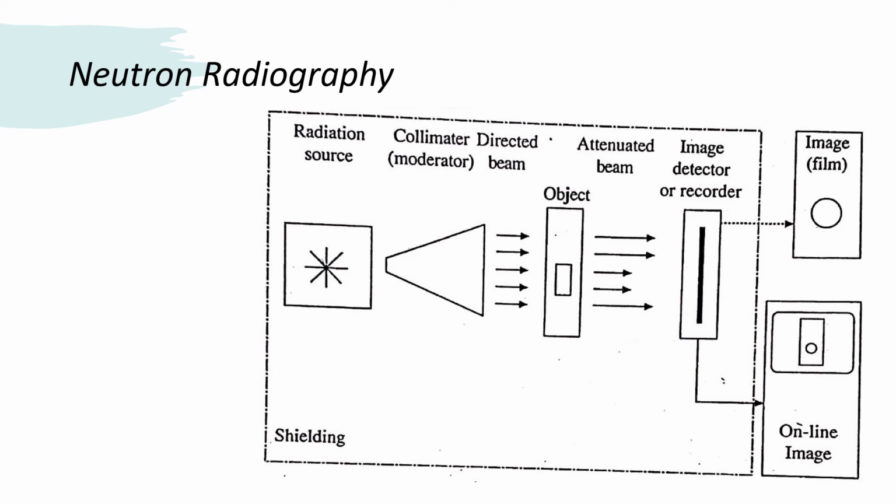Similarities include the ability to produce a visual record of changes in density, thickness and composition of a specimen. It is the differences between the techniques which provide the advantage of neutron radiography over photon radiography.